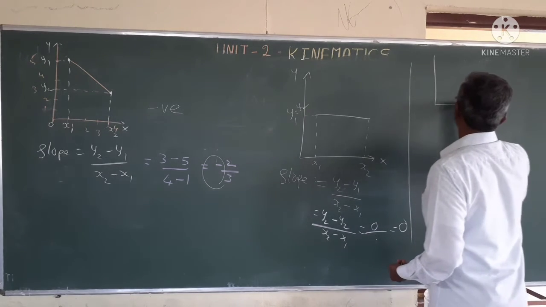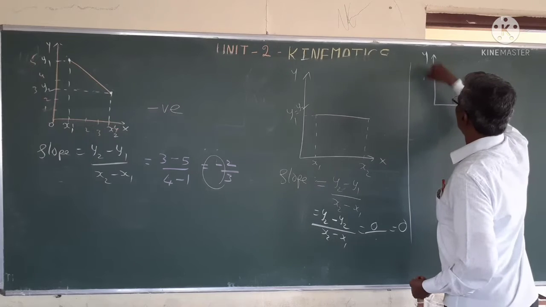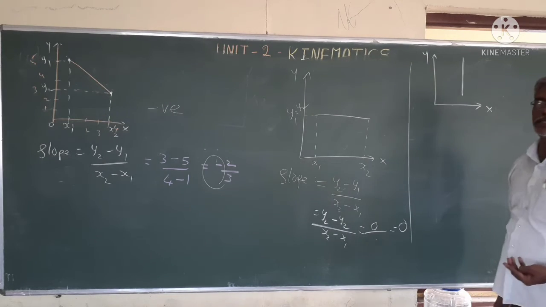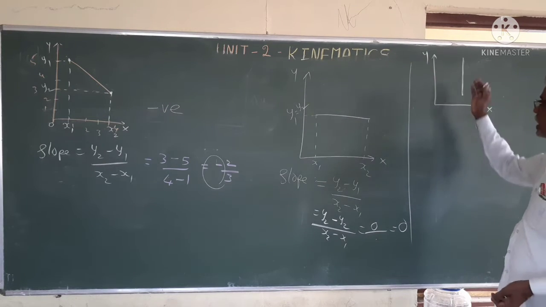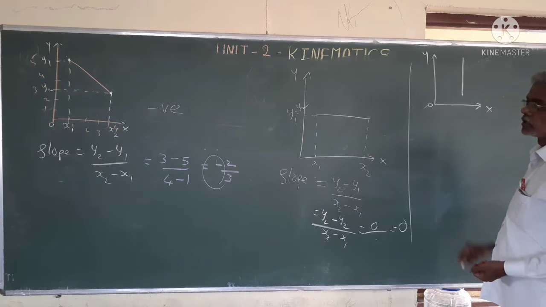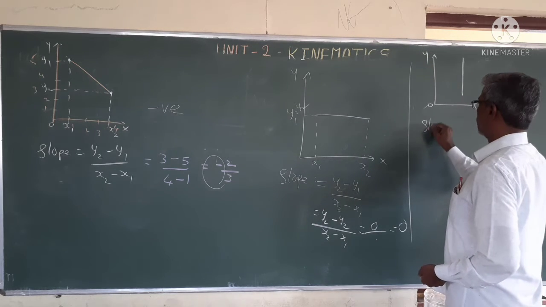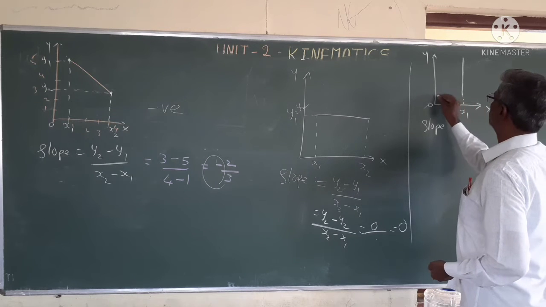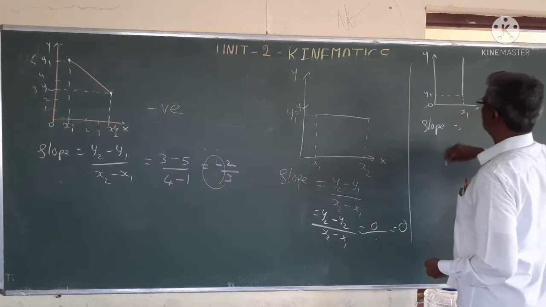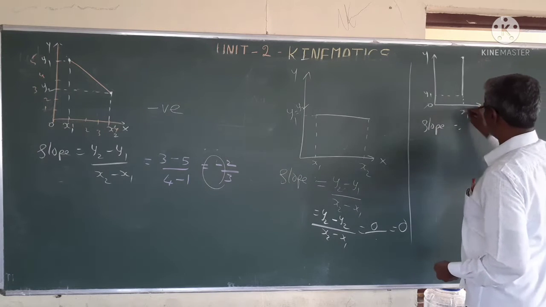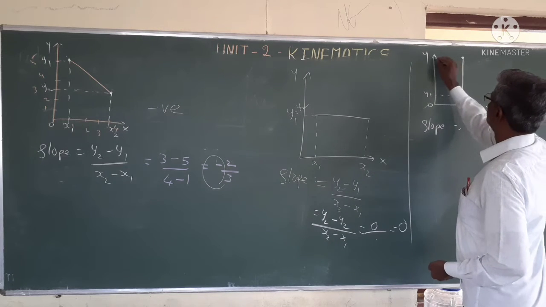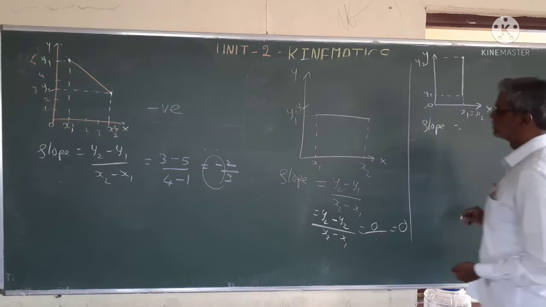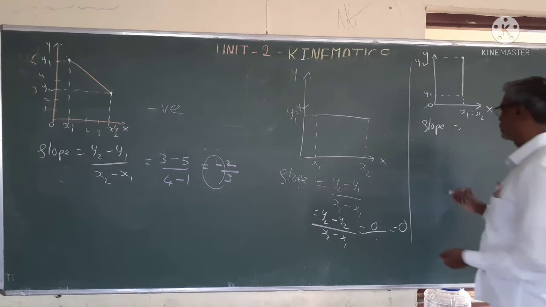Next, suppose the line is vertical, that is, parallel to the y-axis. Now what will be the slope? For this point x1, y1, and for this point x2, y2. Here x1 is equal to x2.